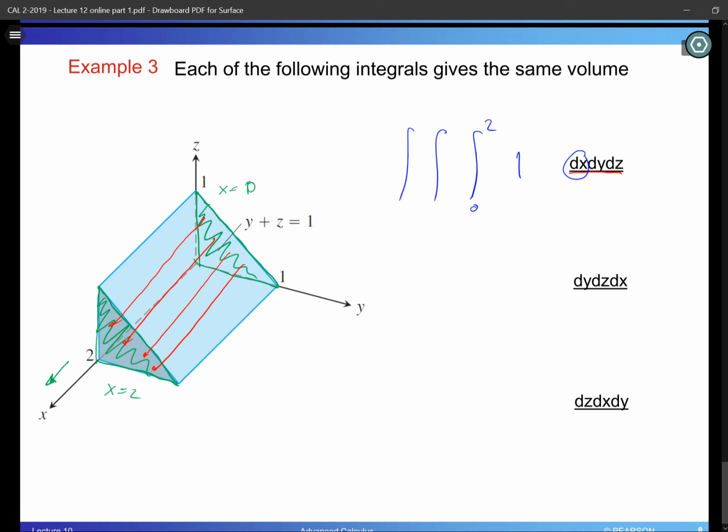Alright, now we move to the next variable. When it comes to the next variable, you are supposed to work on the projection. So the projection is on the YZ plane. Let's take a look here. The shadow on the YZ plane is going to look like this.